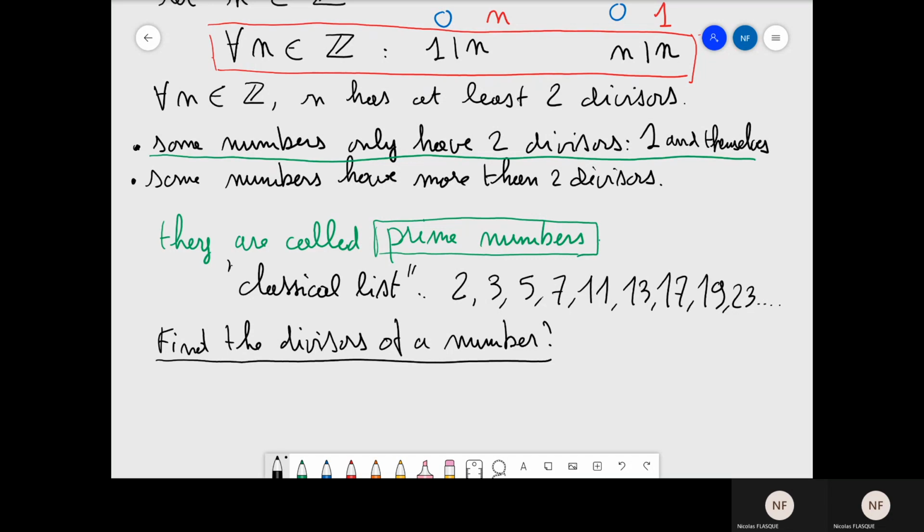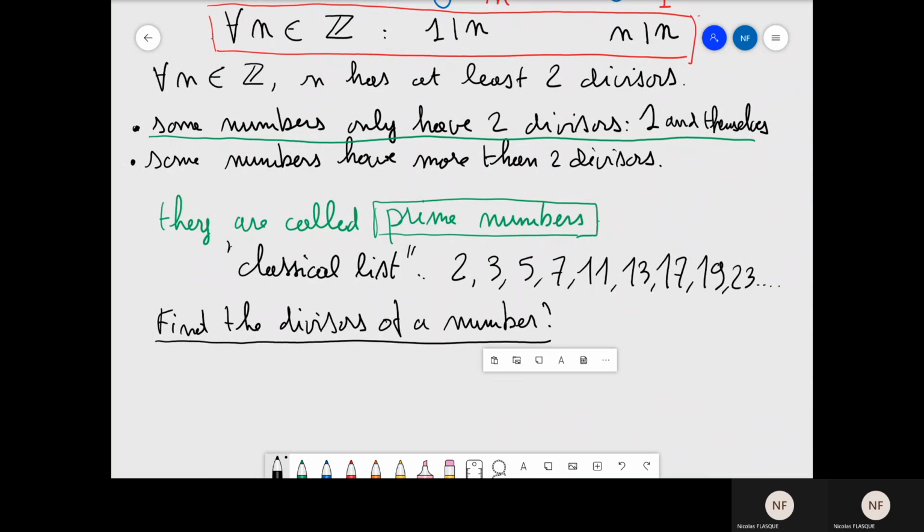So to find the divisors of a number, you can try to make the Euclidean division using some numbers. For example, let's take at random the number 138. We can see that this number is a multiple of 2 because it ends with 8. So it's 2 times 69.